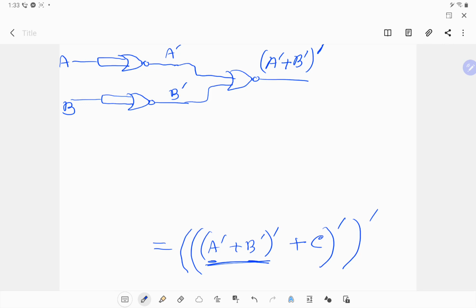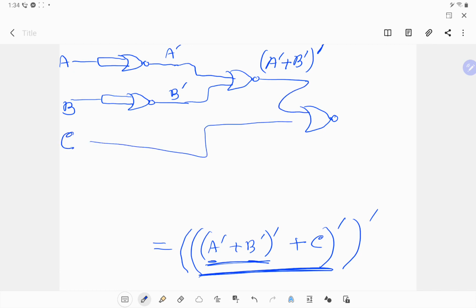Now we need another NOR gate for the entire term here. How do we do that? We have the NOR gate, and one input is that, and another input is C. So there we get (A prime plus B prime) prime plus C prime.